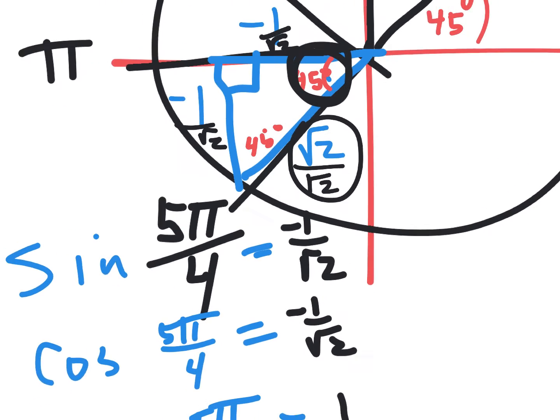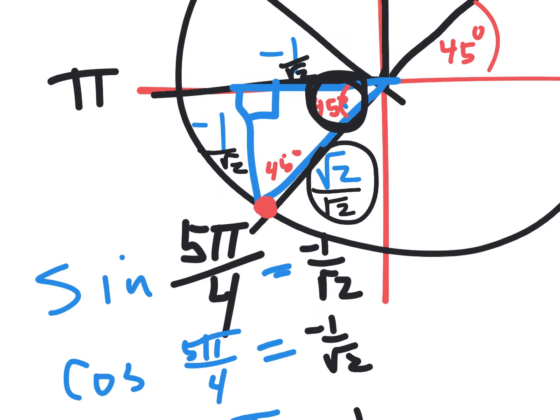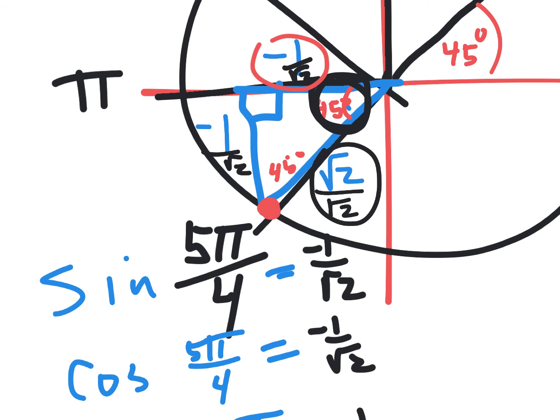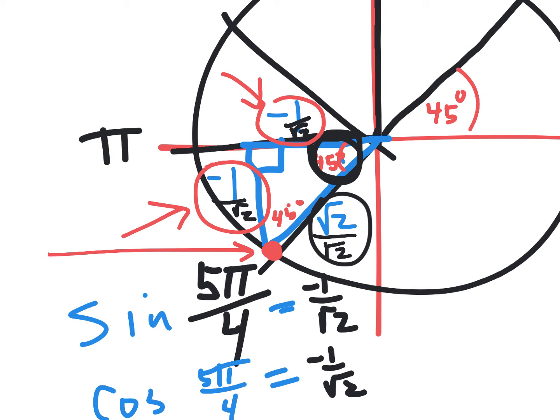Cool. Why would you need to jump through that hoop? Because then you can label this point right here as that's the x value, and that's the y value, and the sine is the y value. Look at that. The sine is just the y value. The cosine is just the x value. So that point right there has got a name, and it is something comma something.